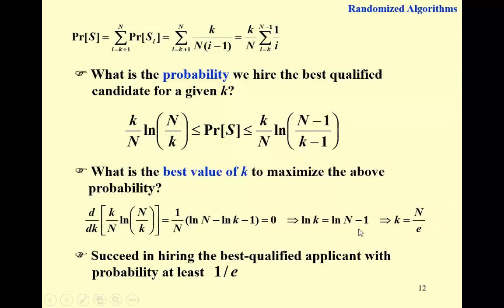Don't pick anyone from the first 1/3. Just use them to set up a standard. And then from the rest of the guys, pick the first one that is above your standard. And the probability of picking the right guy is the maximum, about 1/3.